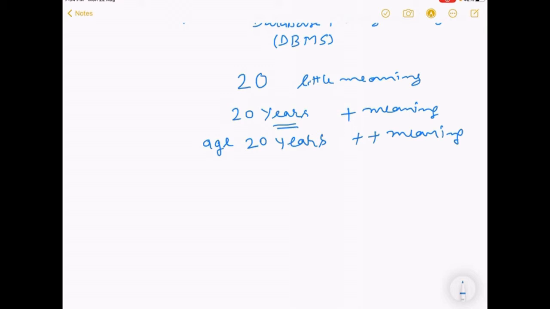So if I write here Ram's age 20 years, this time I have added one more word, this Ram, and it now has complete understanding in the form of one small sentence.